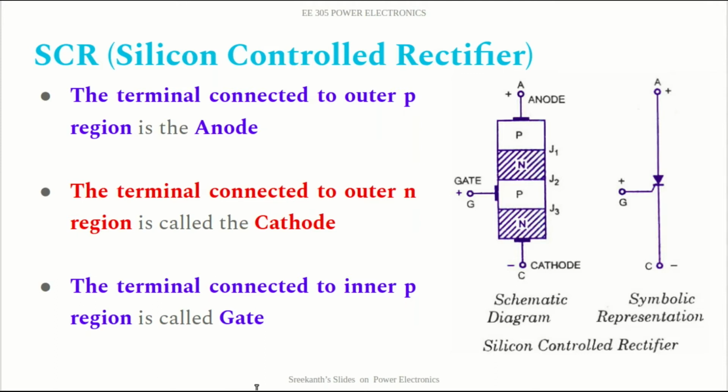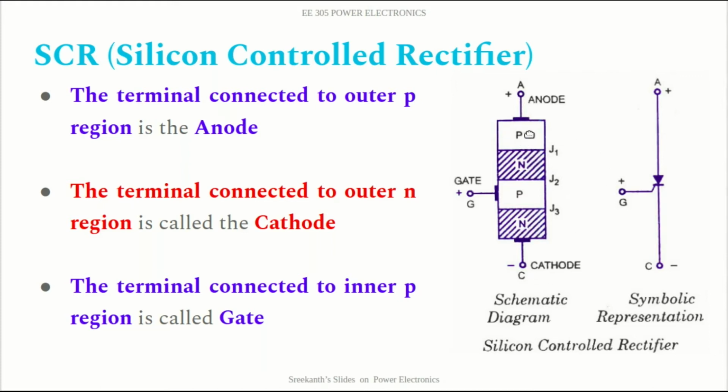Now how do you identify which is anode and which is cathode, if we only show the schematic diagram without marking out the anode and cathode? The way to identify is by looking at the outer regions. If you look at the diagram, from the outer part there is one P region and one N region.